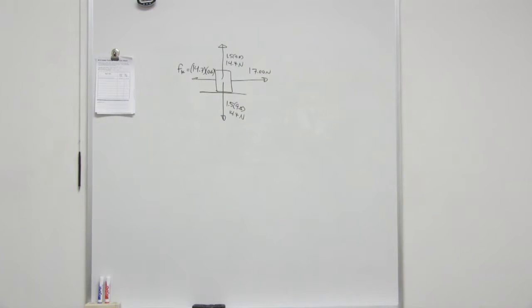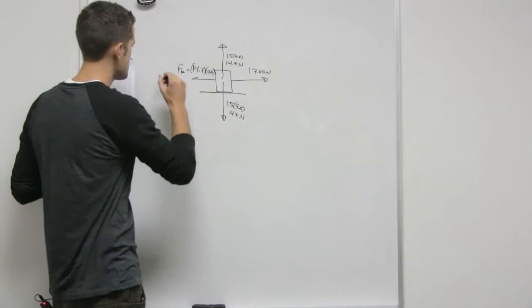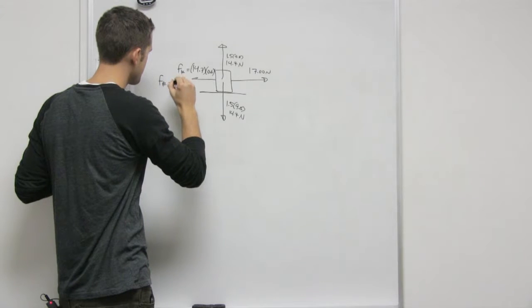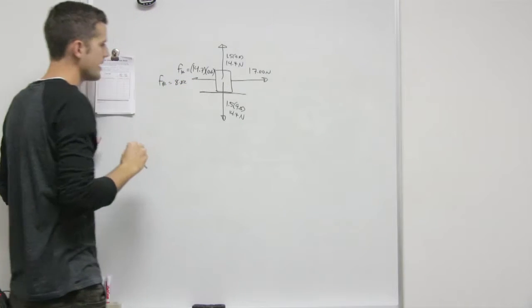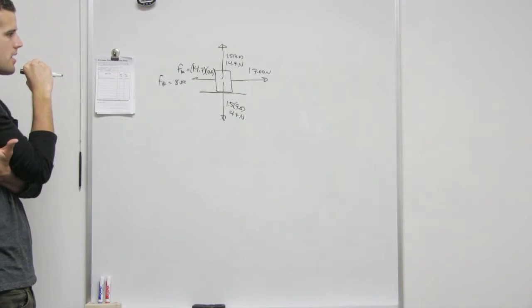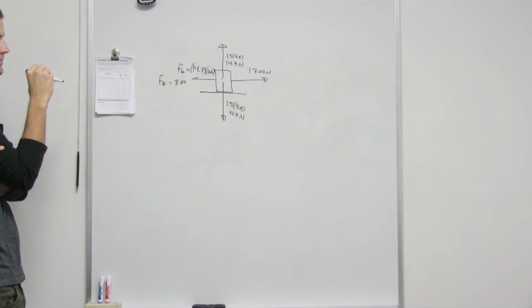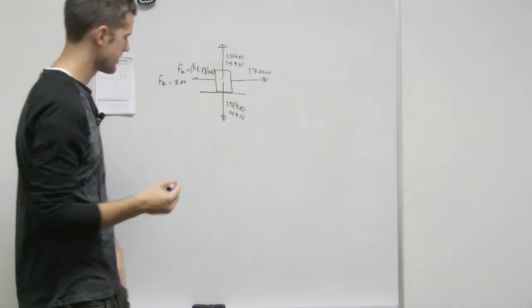I guessed a lot. But, so 14.7 times 0.6. Okay, so I got 8.82. And that's your kinetic friction. Yep. So what's your sum of forces in the x direction?